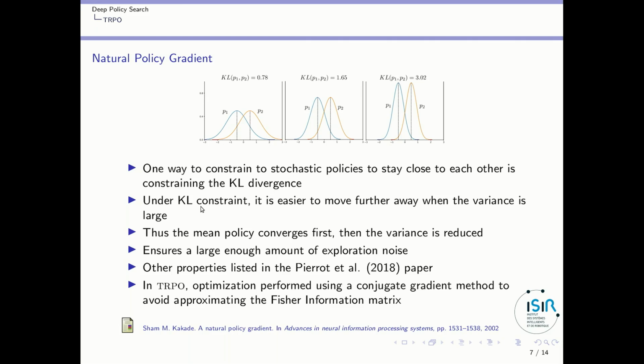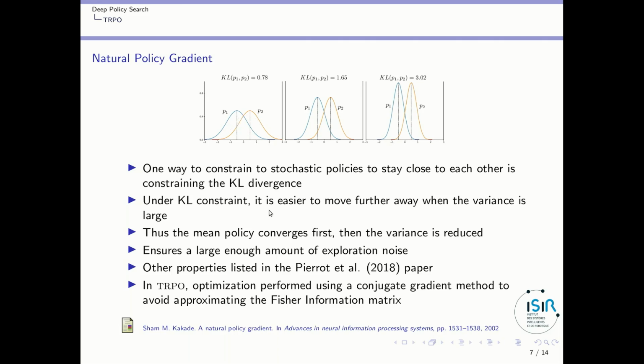And under this KL divergence constraint, it will be easier to move further away when the variance is large. This is explained with this drawing that you can find again in my advanced gradient descent video. The idea is that here the variance is large, and here it is more narrow, and you can see that the KL divergence is greater when the variance is narrow. So if you want to minimize the KL divergence, it's easier when your variance is large.